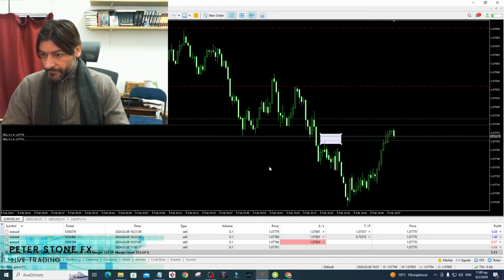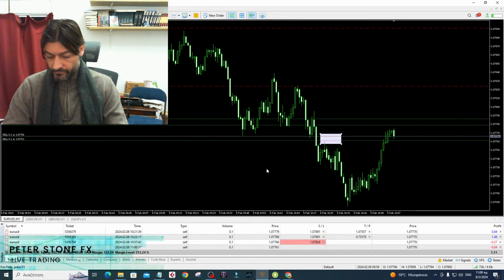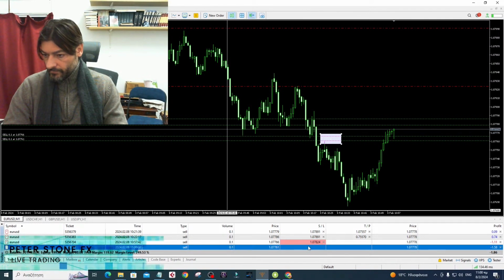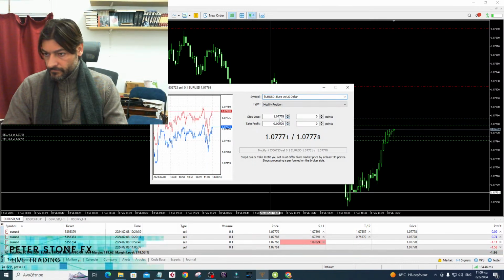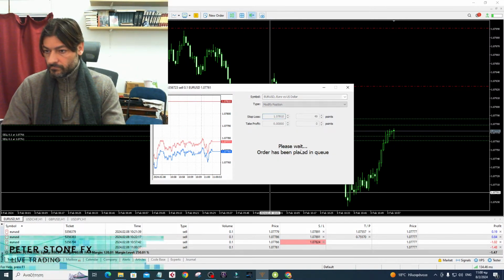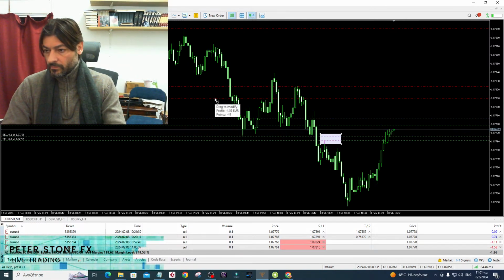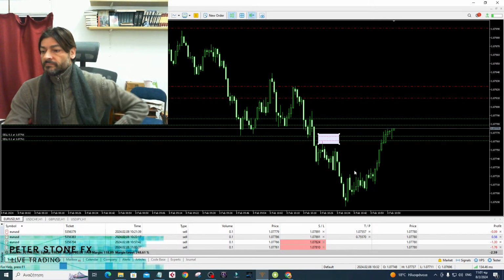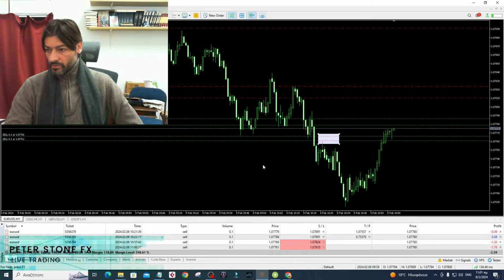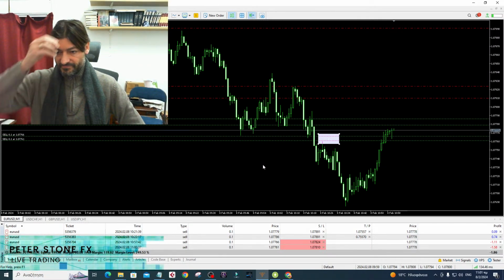I'm selling again, and this stop loss will be here, 78.1. I have 4 positions right now selling. Let's see if I will lose them all.